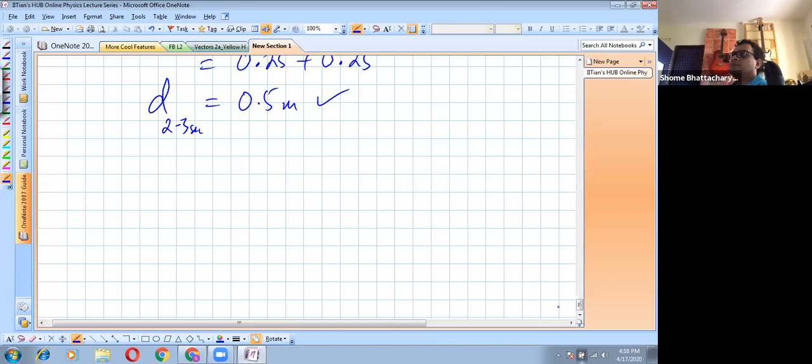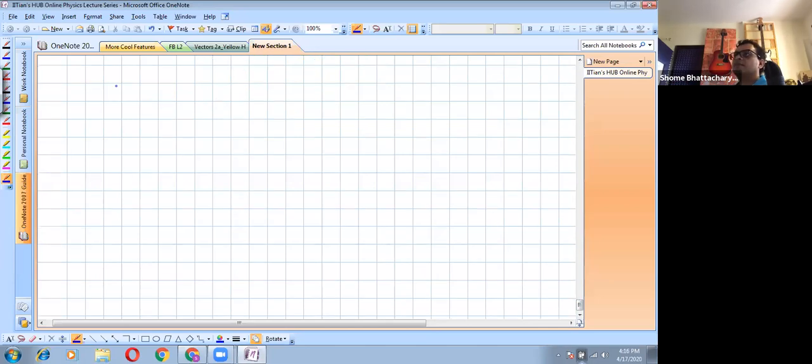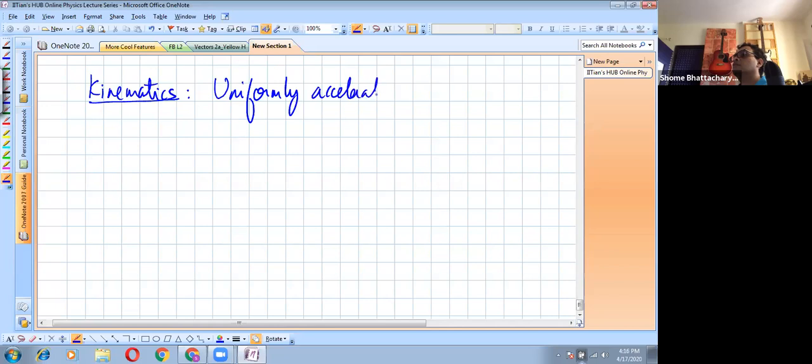So next up, we are going to concentrate on kinematics along a straight line, but with uniform acceleration. So next, we're going to concentrate on this section of kinematics where we are looking at uniformly accelerated motion along a straight line.